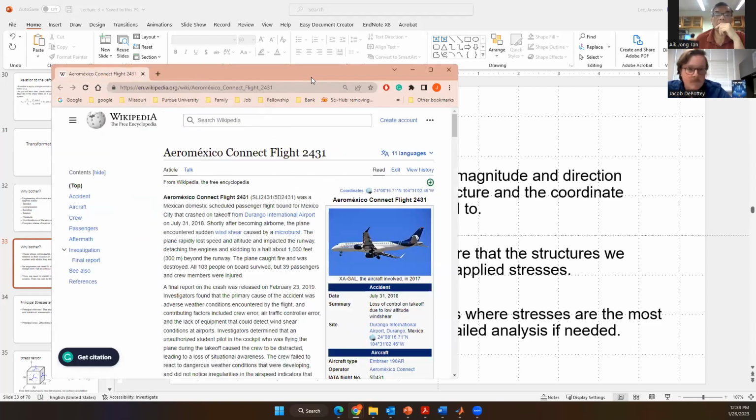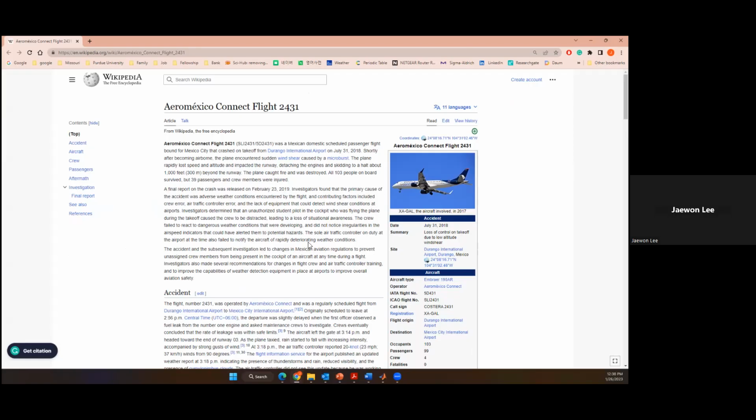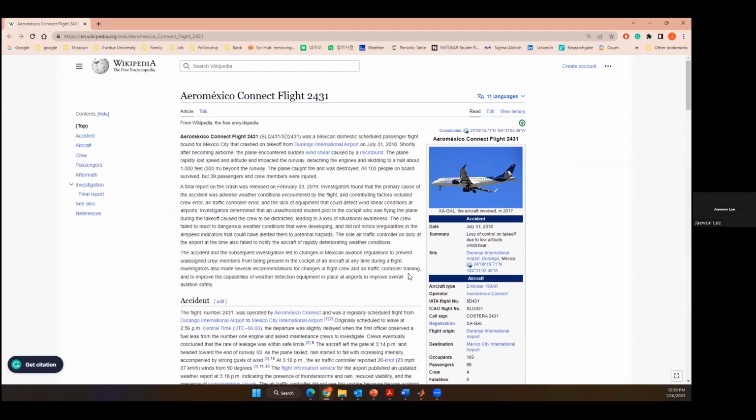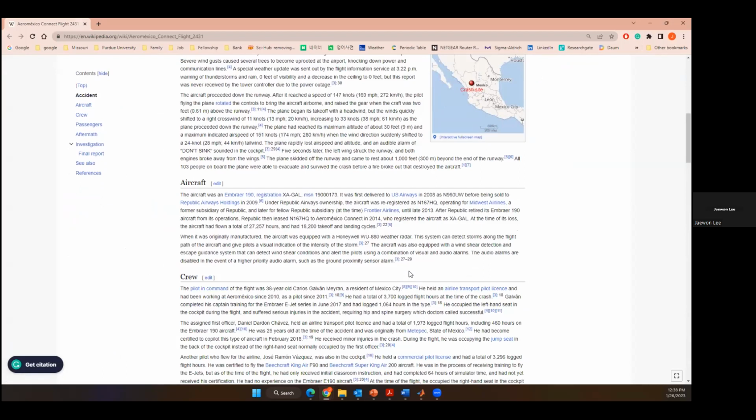This is Aeromexico 2431. Do you know how many people died in this crash? There is no one. No people died in this crash.